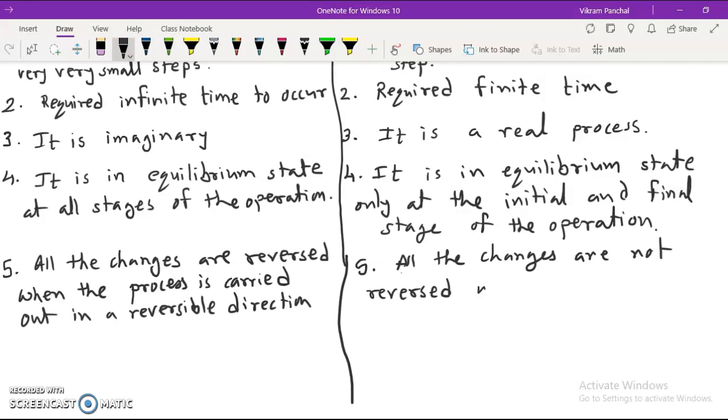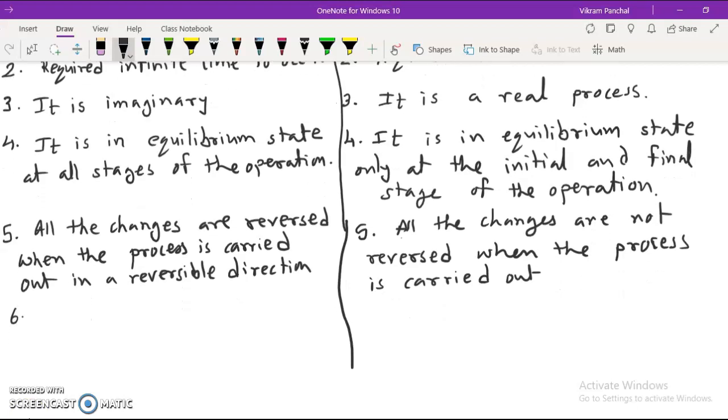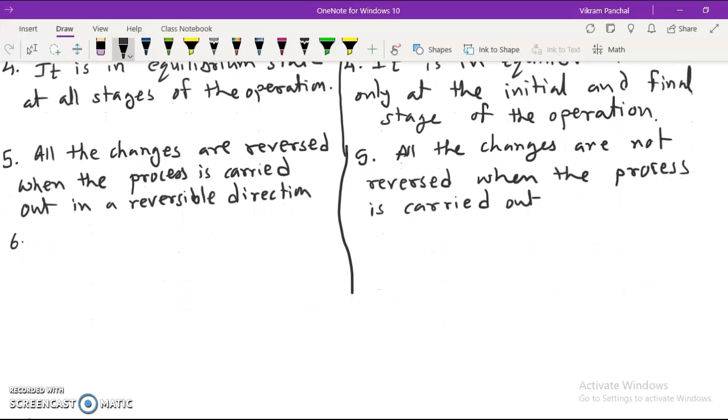When the process is carried out. Next, it is an extremely slow process.